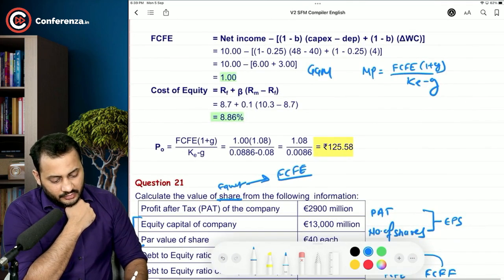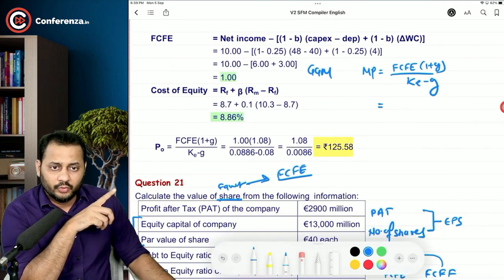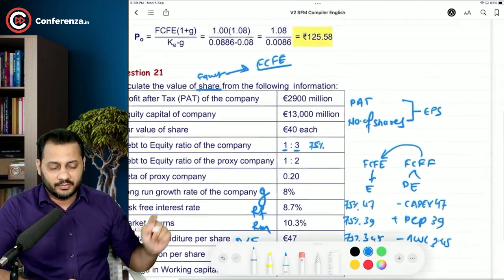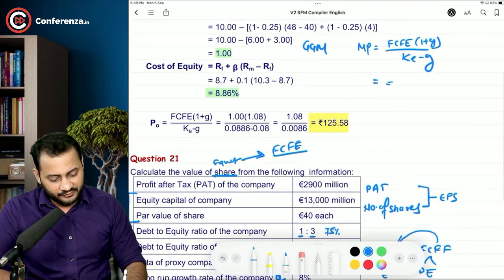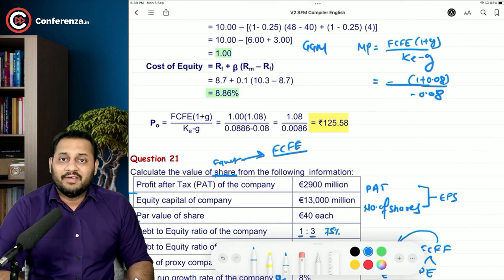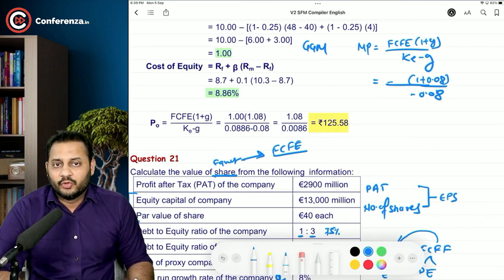Now we have only growth given in the question. You can see 8%. So we need to calculate the FCFE as well and cost of equity. Let's first focus on the FCFE, free cash flow to equity.